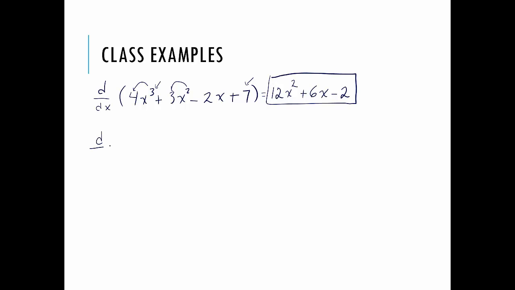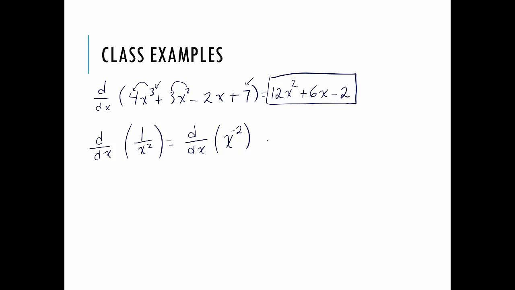Well, what if I had the derivative of 1 over x squared? Well, I remember that when I have a power in the denominator, I can bring that to the top, but it becomes negative.